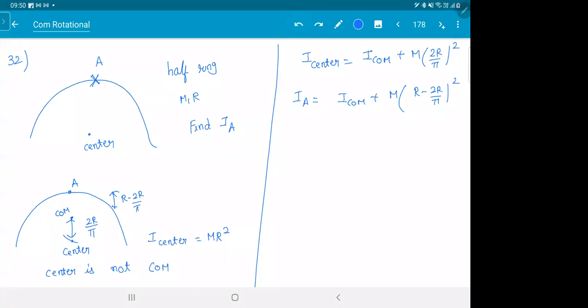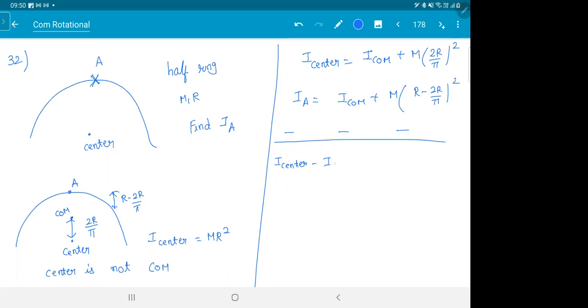So the parallel axis theorem is valid only from the center of mass. You take the center of mass plus the distance between them. Here I know the I center value. I don't know the I center of mass value. Check it out. Then what do we do? Subtract them, because I don't want the center of mass.